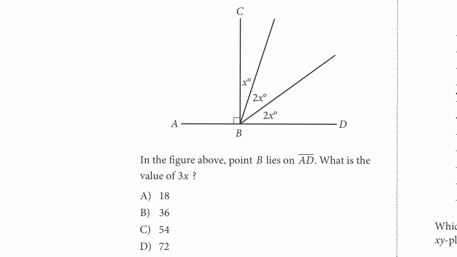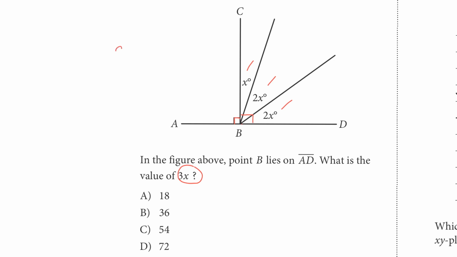Okay, problem number 8, we have a geometry problem. In the figure above, point B lies on segment AD right here. And we know that this is 90 degrees right here, so that means that this angle here is also 90. What is the value of 3x? First of all, we need to find the value of x, and we know that these three angles here will add up to 90 degrees.